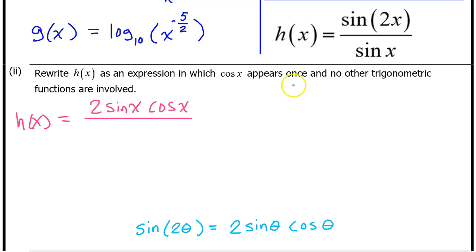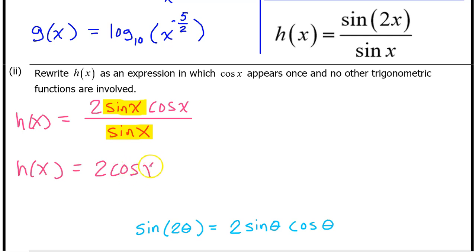In the denominator, we still have sine x. But then we notice that we do have sine x in the numerator and in the denominator. These will cancel each other out, leaving behind h of x is equal to 2 cosine x.